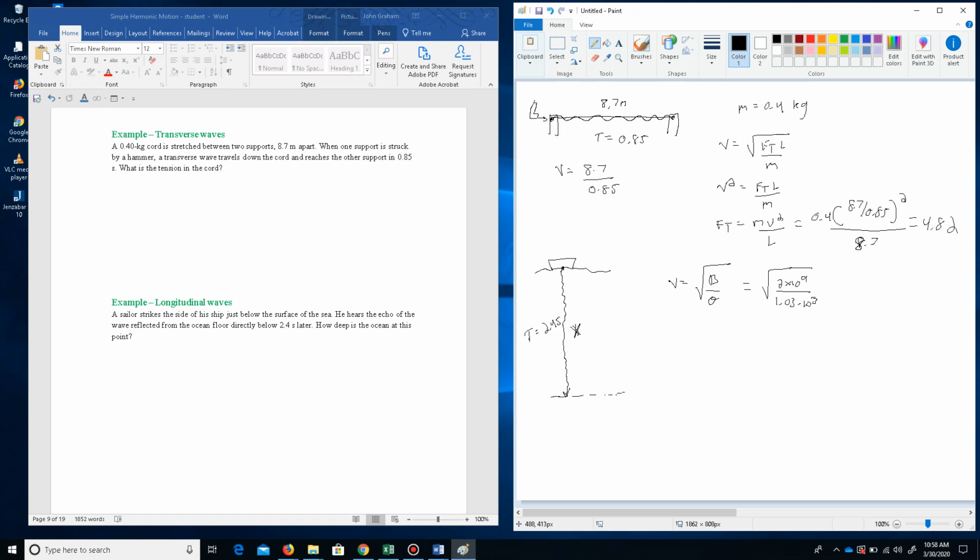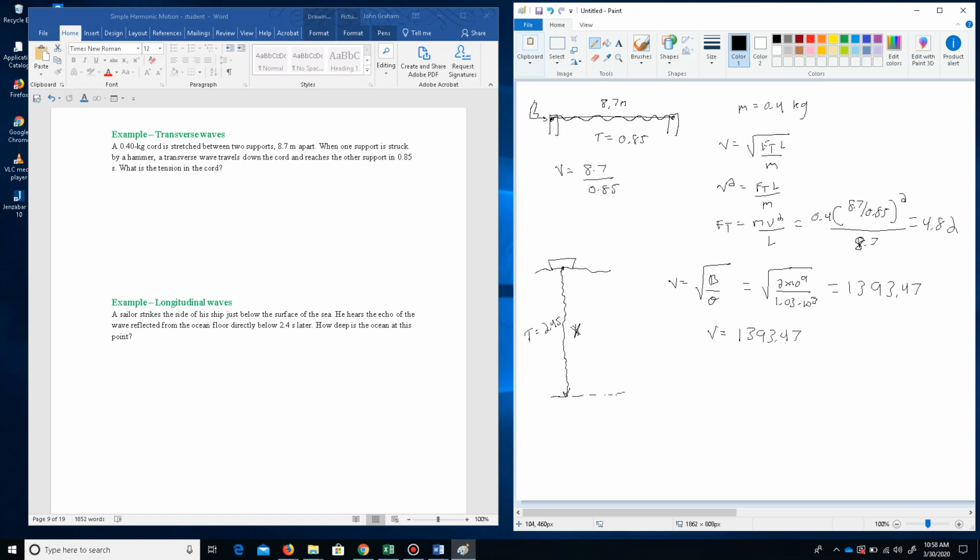Right, and so this is going to equal your speed, which comes out to be, actually, let me do it on a calculator. 2 times 10 to the 9th divided by 1.03 times 10 to the 3rd, square root, comes out to be about 1393.47. And so that's the speed it takes to get down there.